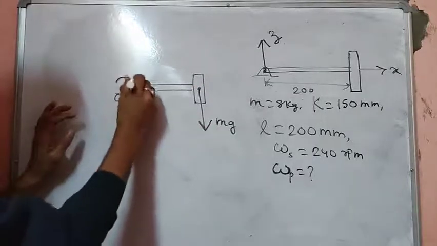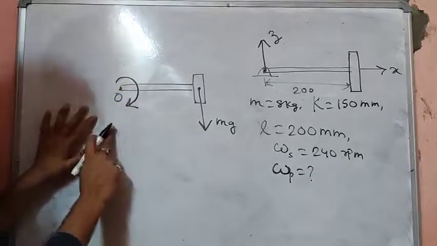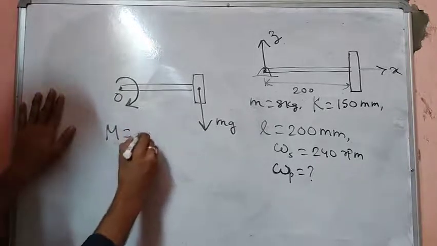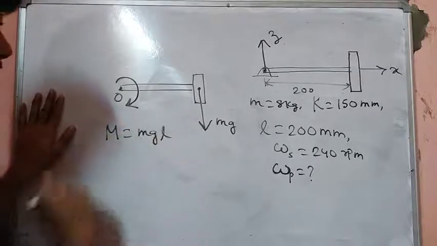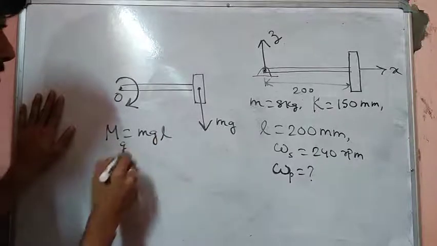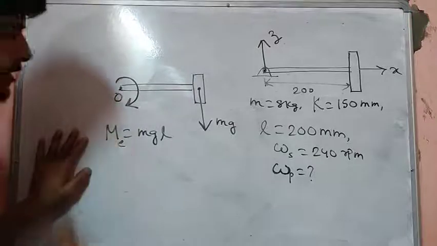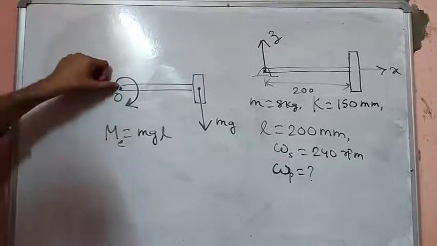So the externally applied moment is mg into L about point O.